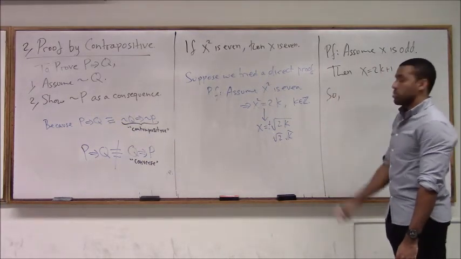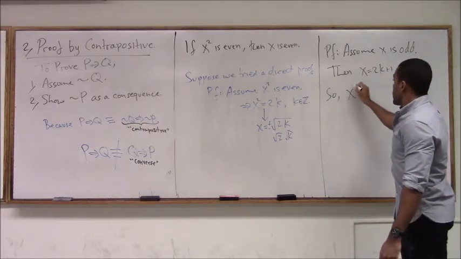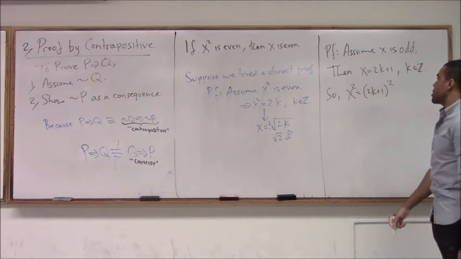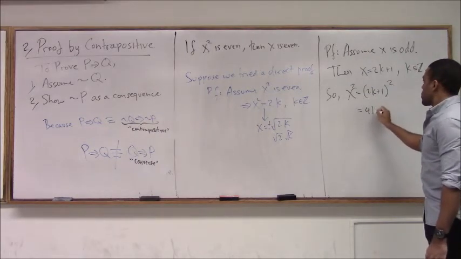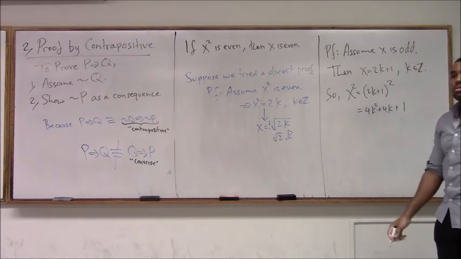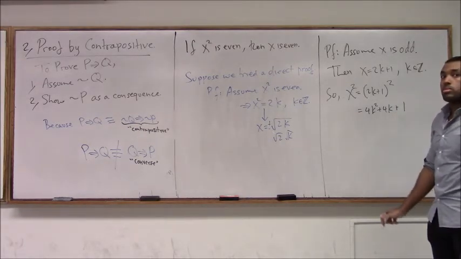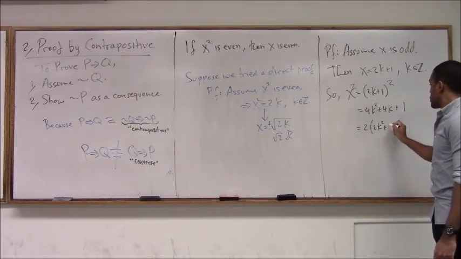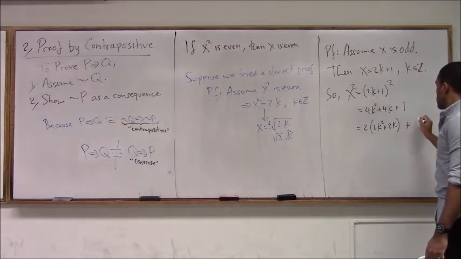So x squared would be 2k plus 1 squared, which is going to be 4k squared plus 4k plus 1. And then we have 2 times the parentheses 2k squared plus 2k plus 1.